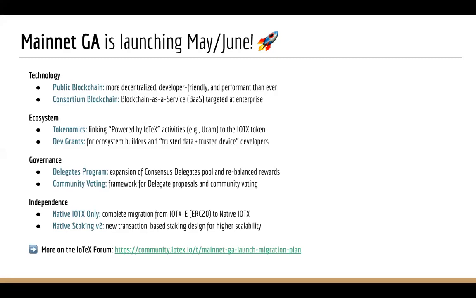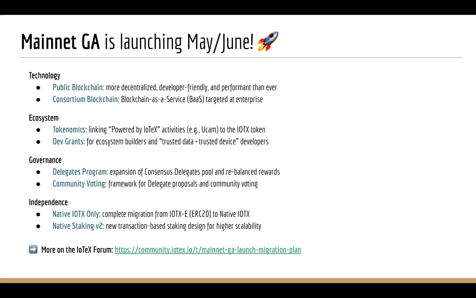On the ecosystem side, this is about how we apply the ecosystem bucket that's been reserved to grow the ecosystem across two things. Across tokenomics, linking different powered by IoTeX activities, meaning the devices that are registered to the network across Ucam, across Pebble Tracker, and things like that.